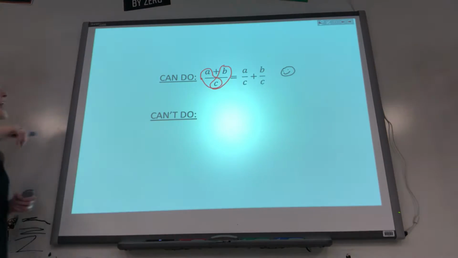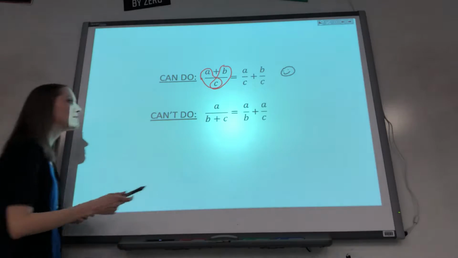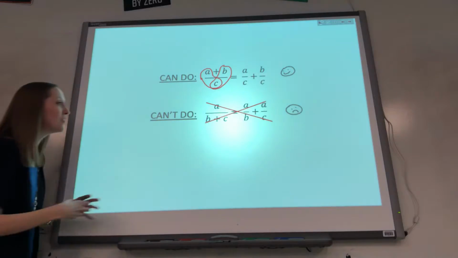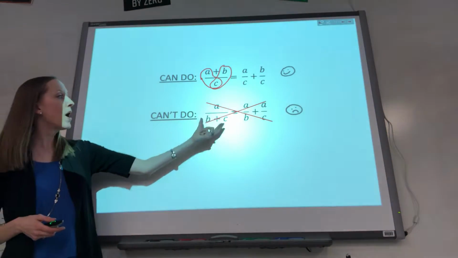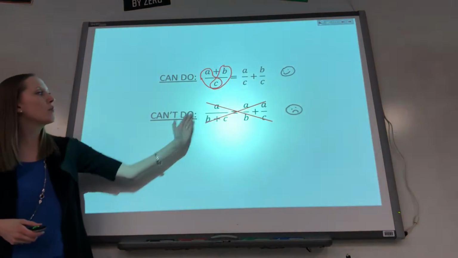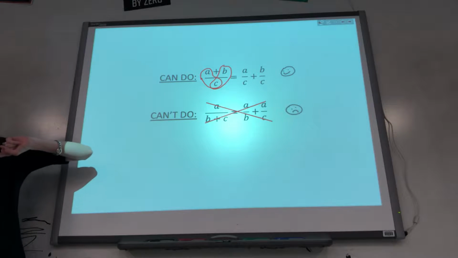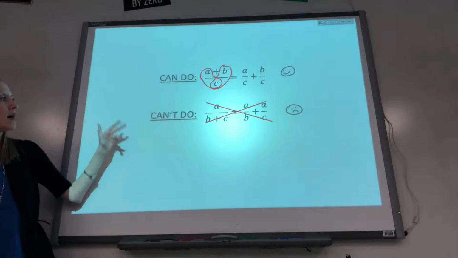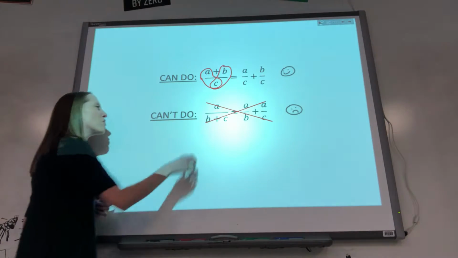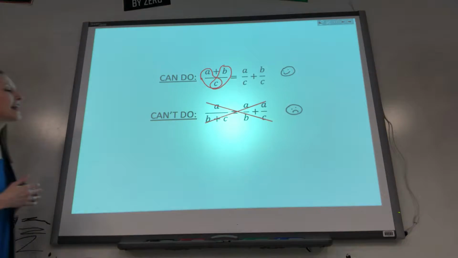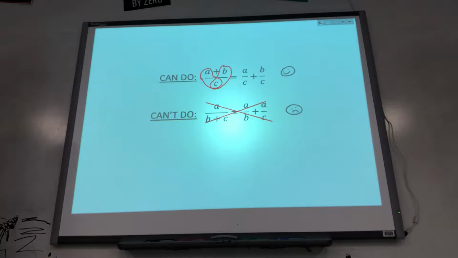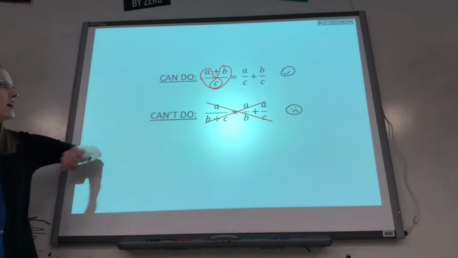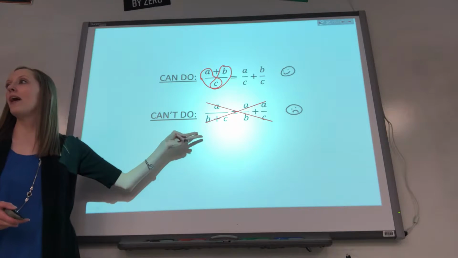Now, what you can't do, this is going to make us unhappy. What you can't do is break a fraction apart if there's more than one term on bottom. So if it was set up like this, single term on top, two terms on bottom, you are not allowed to break that apart and call it A over B plus A over C. It all depends on how many terms you have on bottom.